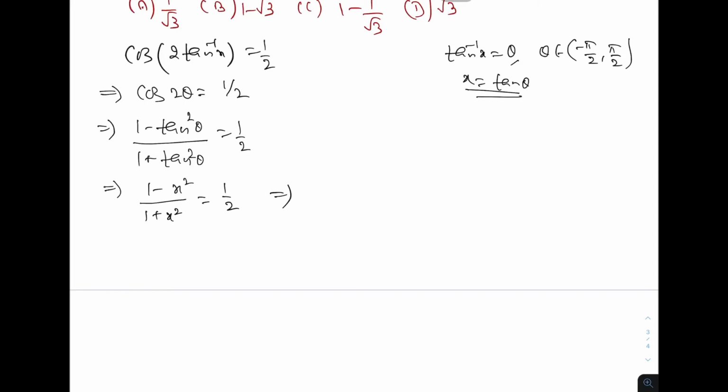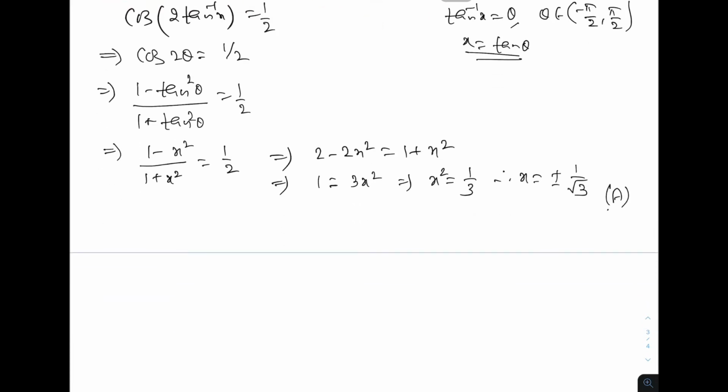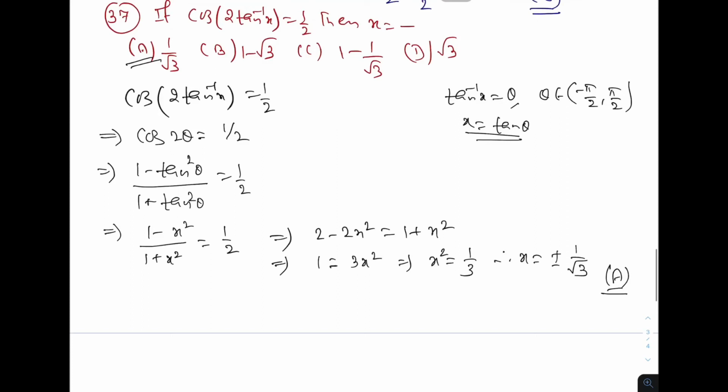You can do cross multiplication, or say 2 minus 2x square equal to 1 plus x square. So this would imply 1 equal to 3x square or x square equal to 1 by 3, and therefore x equal to plus minus 1 by root 3, and here 1 by root 3 is there in the option. So answer is A, 1 by root 3.